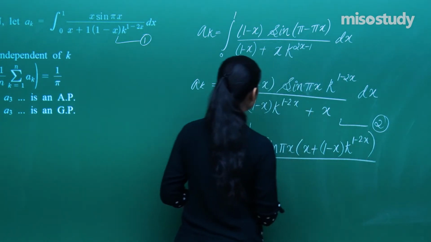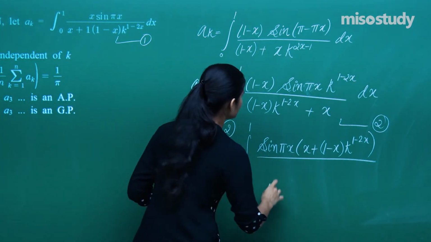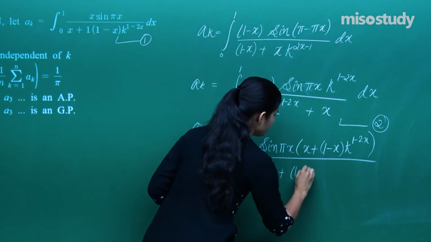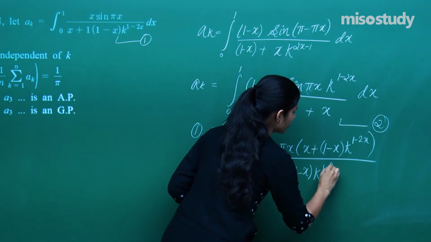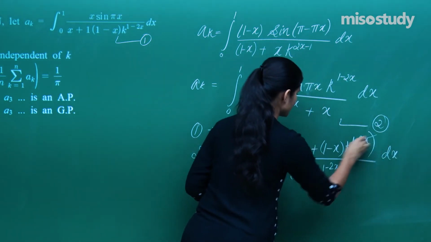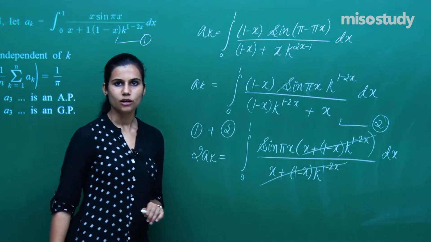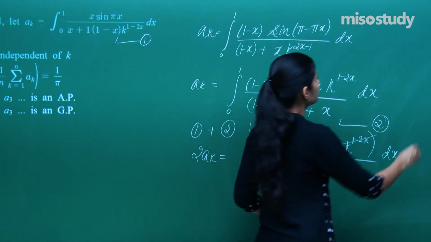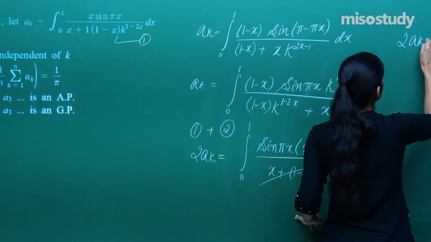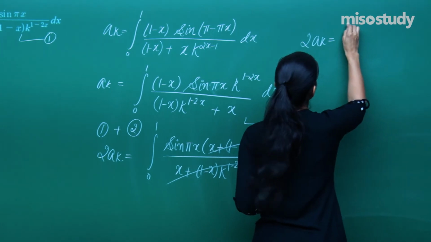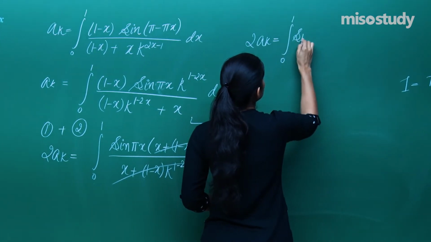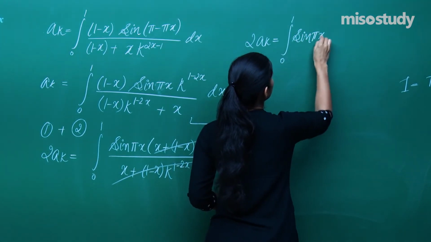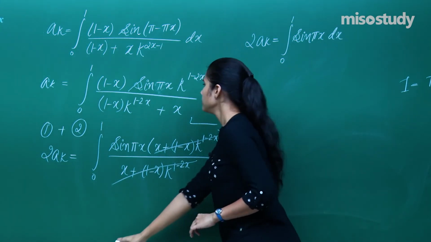In the denominator you have the same denominator, which is x plus 1 minus x times k to the power 1 minus 2x dx. So clearly this is getting cancelled out. So you are left with twice of ak being equal to integral 0 to 1 sine pi x dx. Okay?